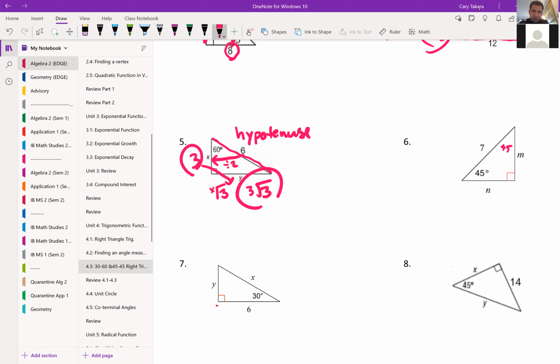So how do you go from the hypotenuse to, let's figure out one leg. How do you get back to one leg from the hypotenuse?